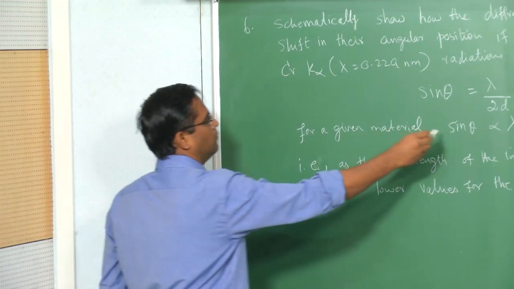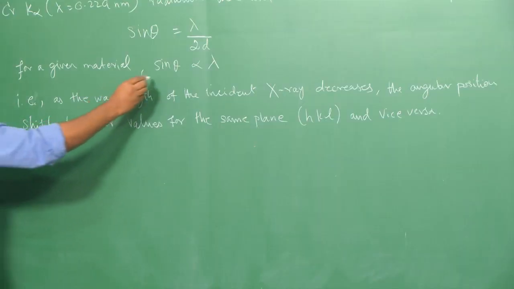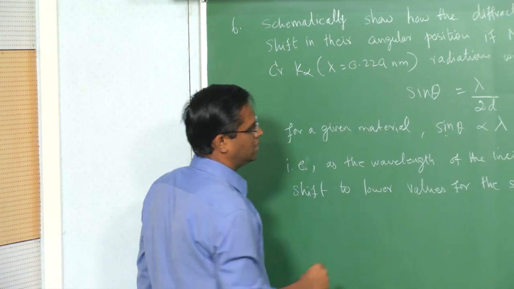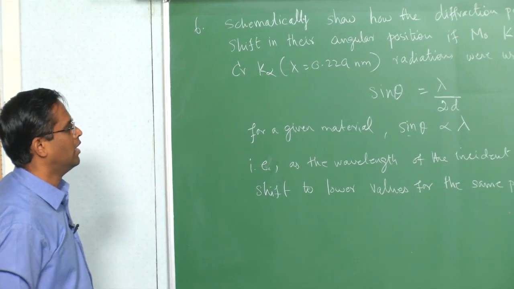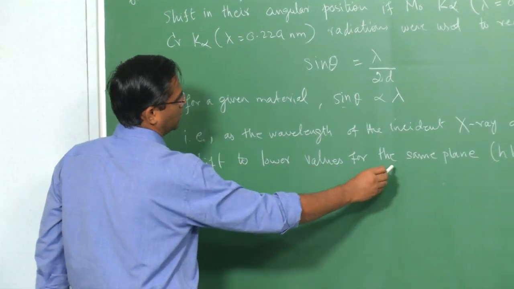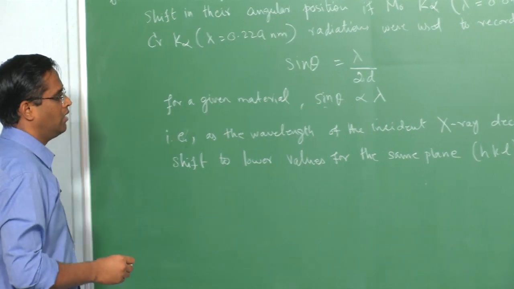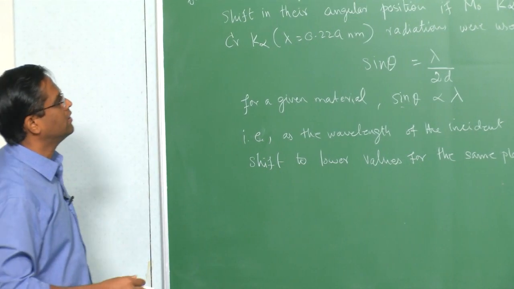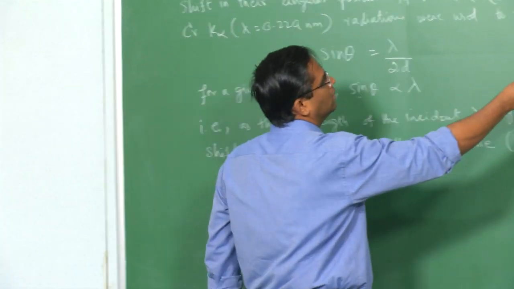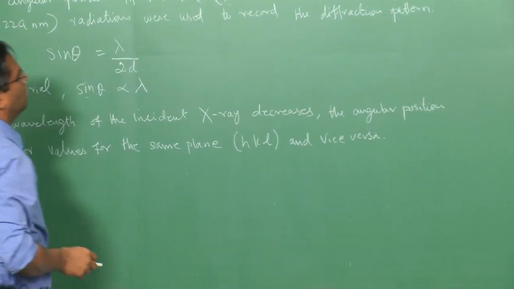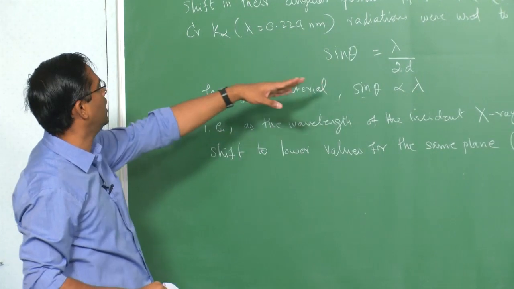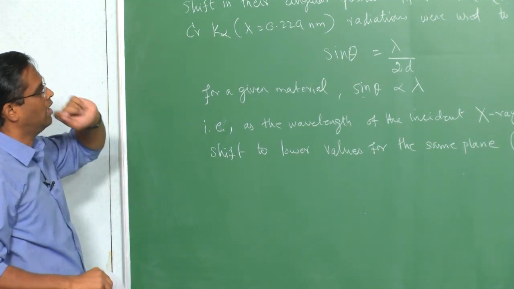Since you know this relation, sin theta is proportional to lambda, as the wavelength of the incident ray decreases, the angular position shifts to lower values for the same plane, and vice versa. In this case, you have molybdenum K alpha radiation, copper K alpha radiation and chromium K alpha radiation.